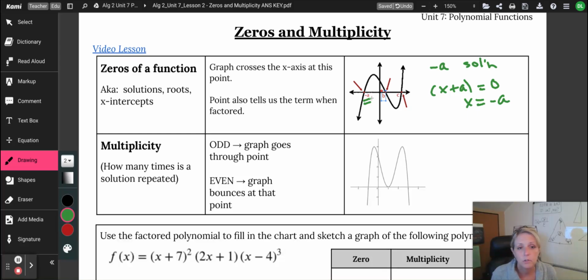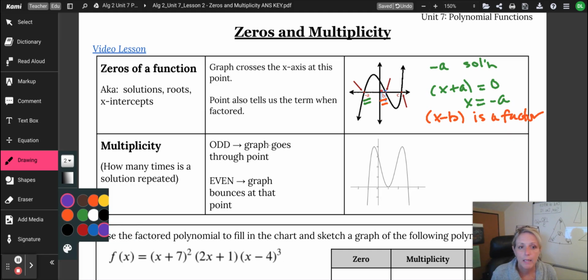So if I know that the graph crosses at negative a, then I also know that x plus a is one of the factors of my polynomial without actually having to do the factoring. We can say the same thing about b here. If I know that b is a solution, then x minus b is a factor.